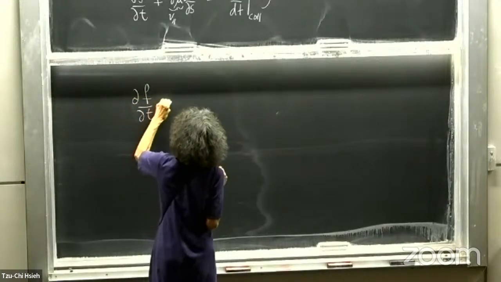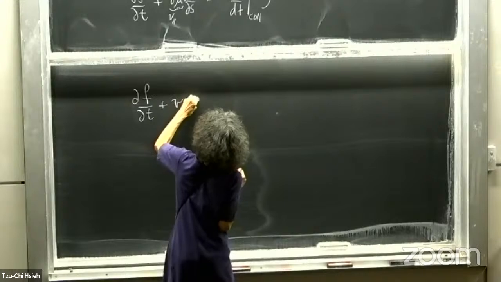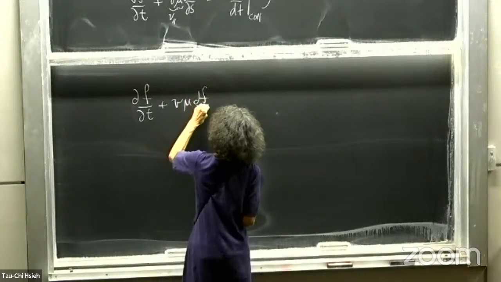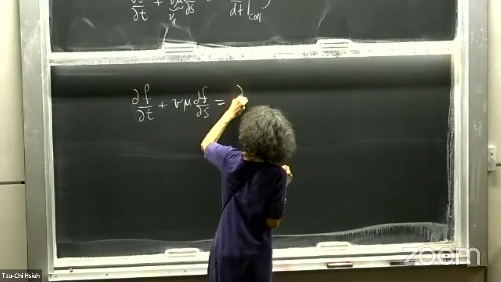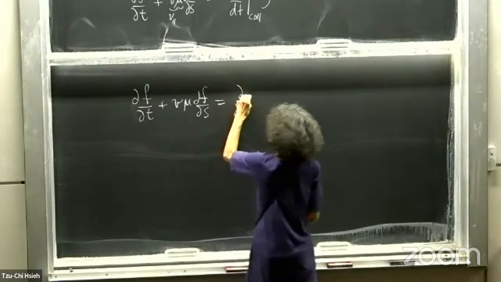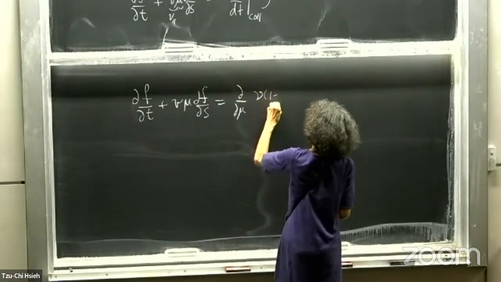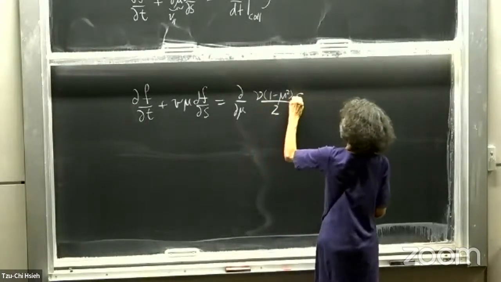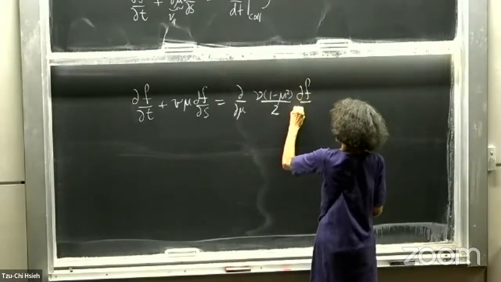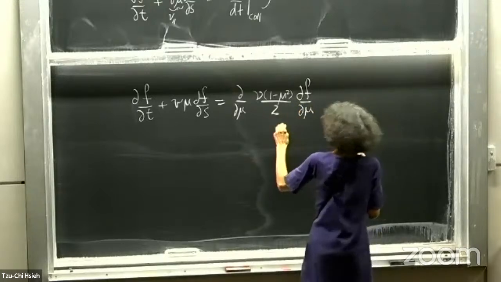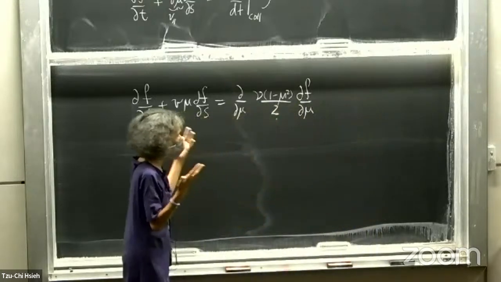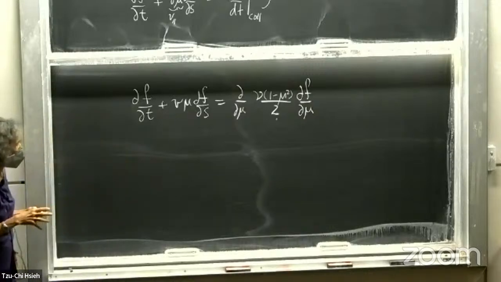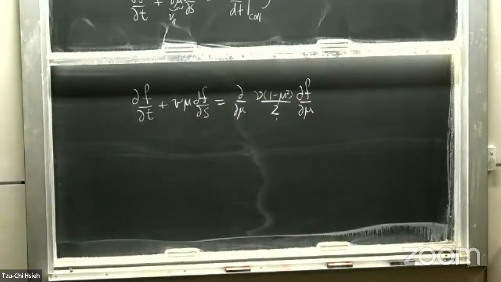Partial F, partial t plus V mu partial F, partial s equals d by d mu of nu times (1 minus mu squared) over 2 times dF/d mu. You'll see why this 2 is convenient a little bit later.